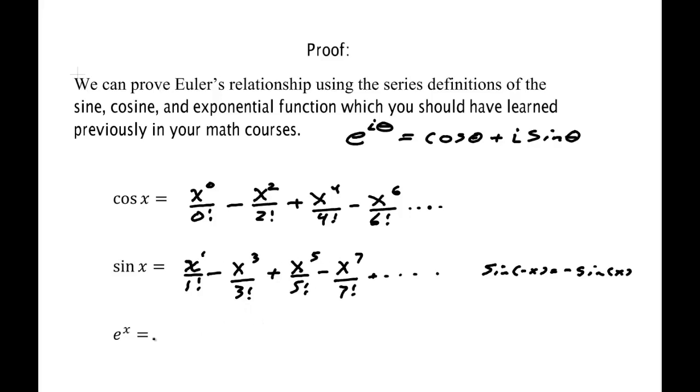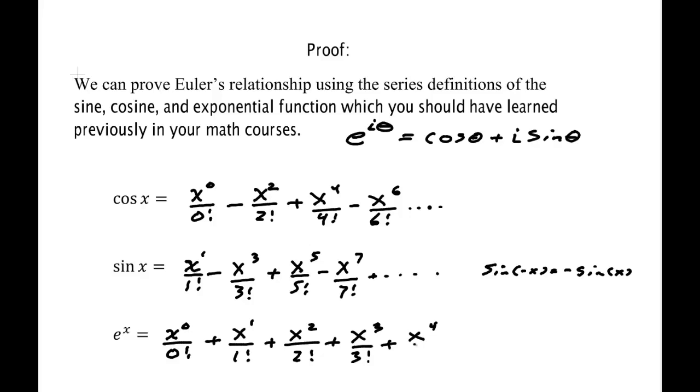This property is the property of an odd function, and you can see that because it has only odd power terms. The last one that we need to remember from previous courses is the expansion for the exponential. The exponential has this expansion: x to the 0, which is 1, over 0 factorial, which is 1, plus x to the 1st over 1 factorial, plus x squared over 2 factorial, plus x cubed over 3 factorial, plus x to the 4th over 4 factorial, and so forth.